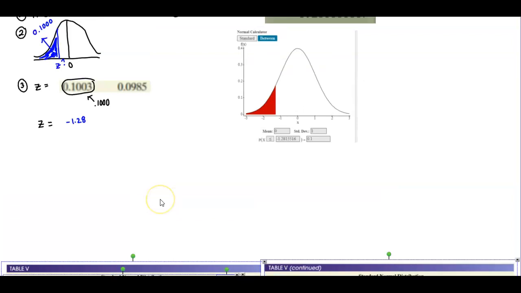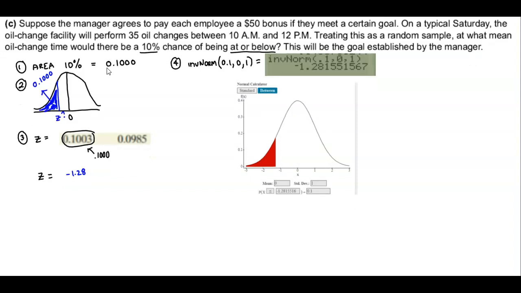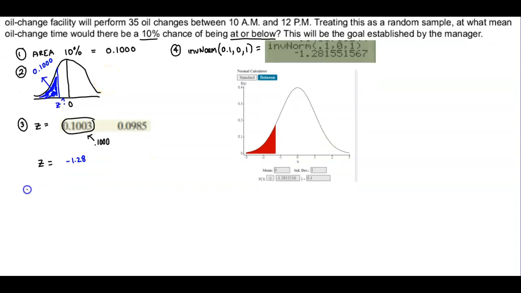Now we're not finished yet, because what we want to find out is what mean oil change time would give a 10% chance. Remember that we have a z-score formula: z equals x bar minus the population mean over the standard deviation of the sample mean.